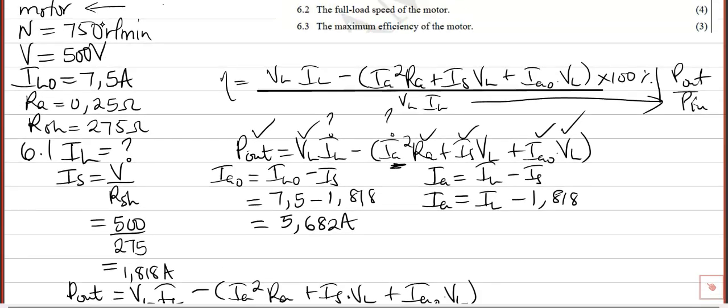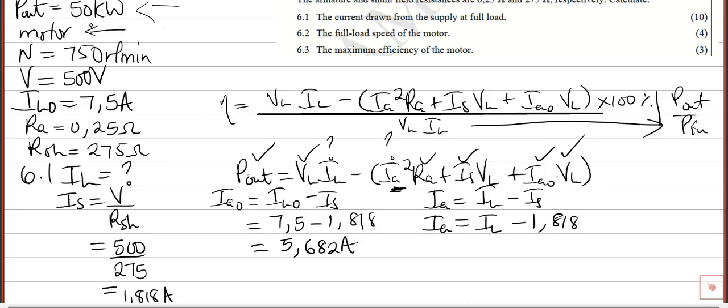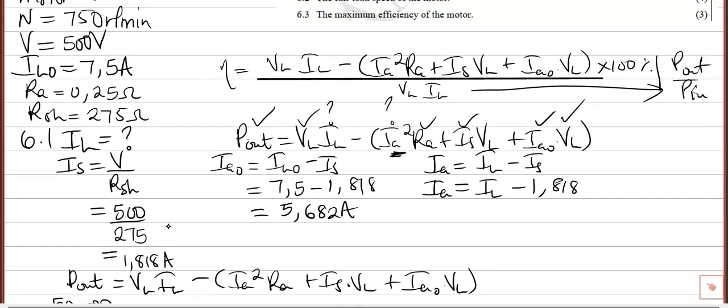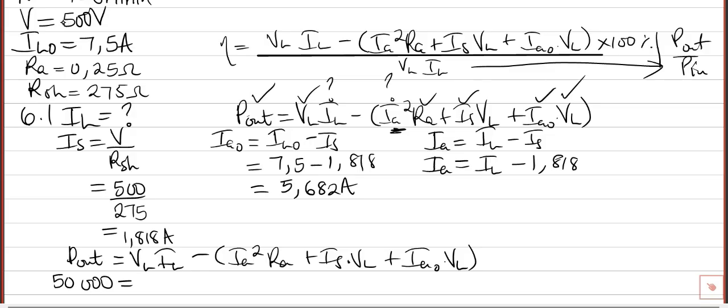For P out, they gave us 50 kilowatts, which is the same as 50,000 watts, equals our VL at the top. We have 500. Here's our 500. So we have 500 IL minus open bracket. Maybe let's use a square bracket. Wherever I have IA squared, instead of writing IA, we're substituting this expression here.